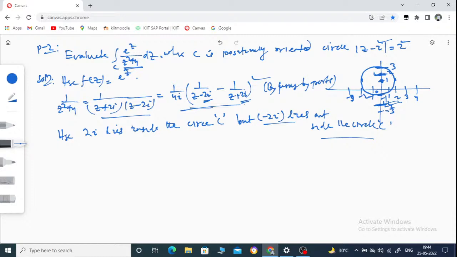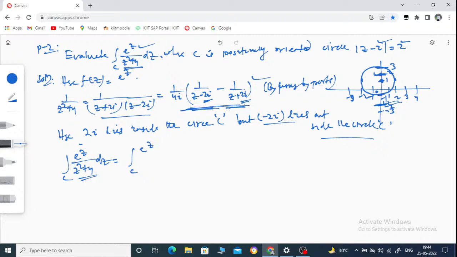I will write the integration of e to the power z divided by z square plus 4 dz. It can be written as the integration over C, and in place of z square plus 4 I will write this thing.